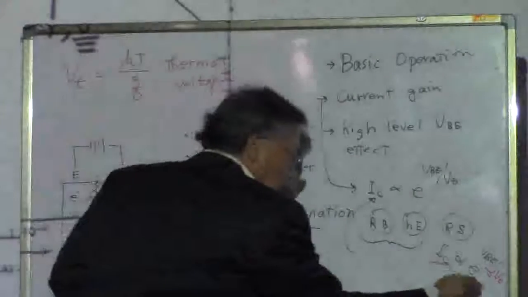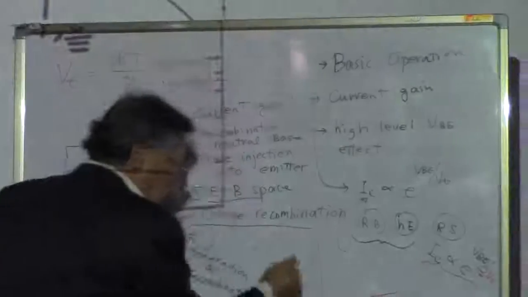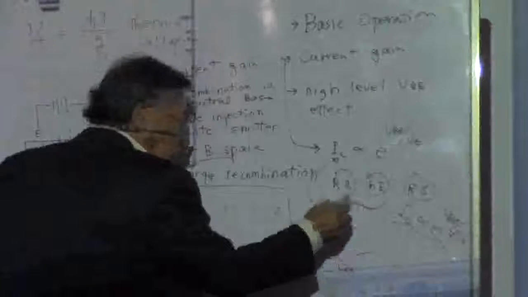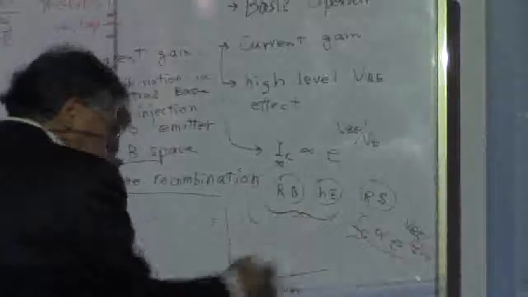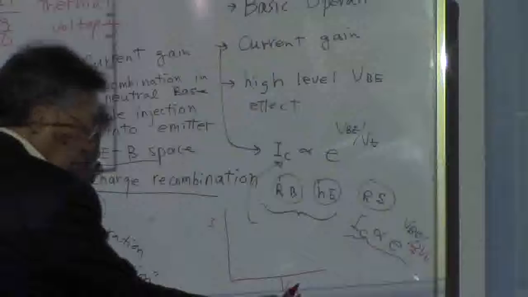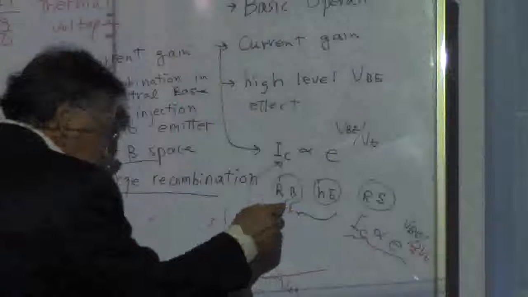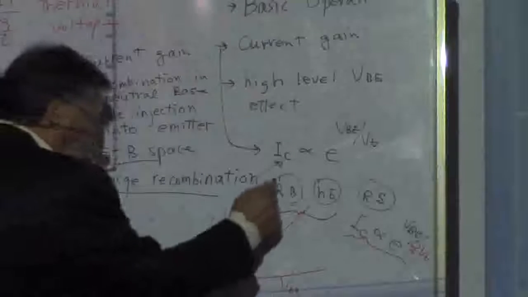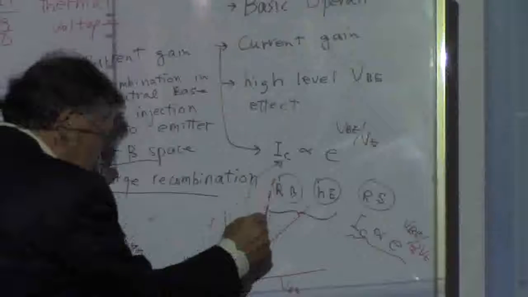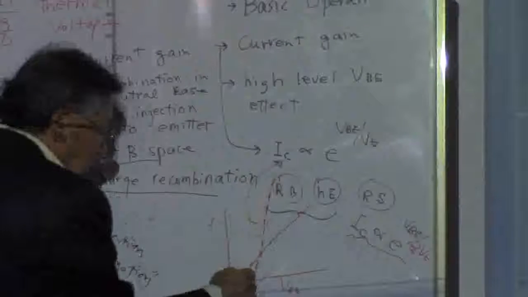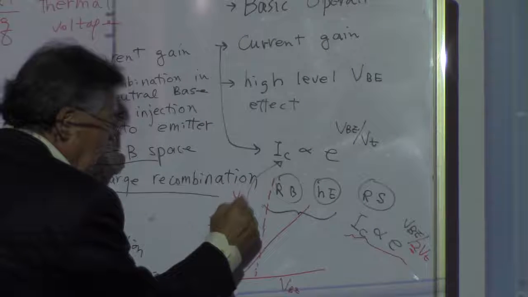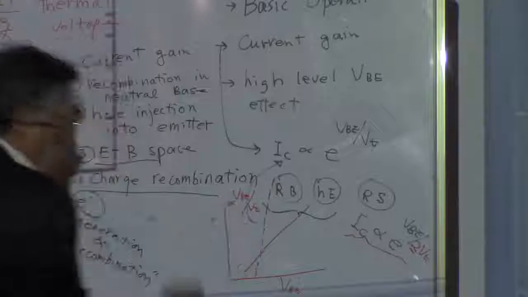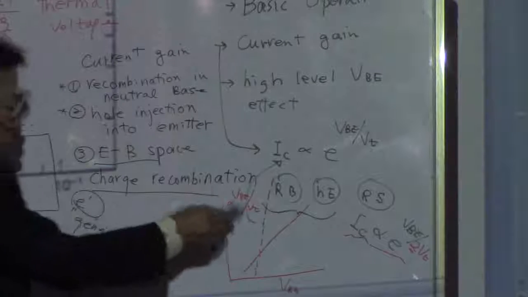So if you plot the current with respect to the VBE over that wide range of emitter voltage, it's going to be something like this. That is VBE over VT proportional, that is a slope corresponding to this.